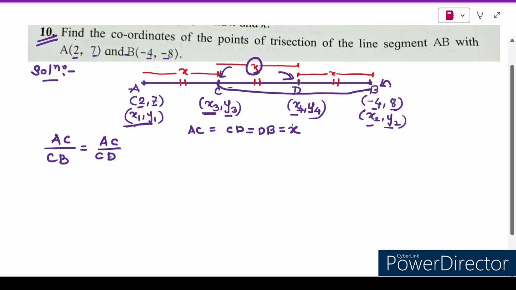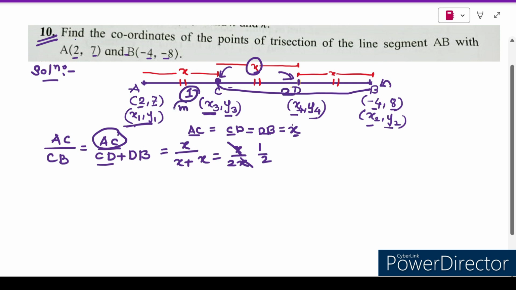Putting X instead of AC, CD and DB, we get X divided by X plus X, that is X divided by 2X, that is 1/2 is the ratio. Now this point C is dividing the segment AB in the ratio 1:2. Therefore 1 is the value of M and 2 is the value of N.